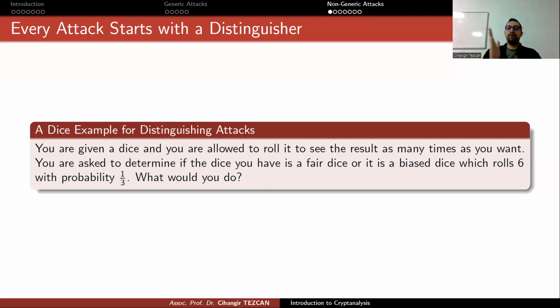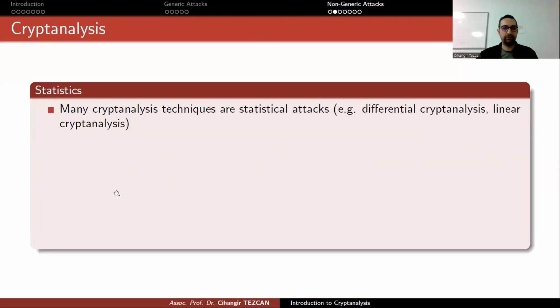But before that, we have to see how this idea actually applies, right? Because in statistical attacks, our aim is to find such a distinguishing property, which is an event that happens with different probability for the cipher and for a random permutation. All right. With this basic example, let's look at the non-generic attacks and see what are the main ideas behind them.